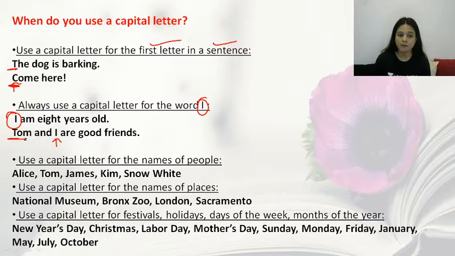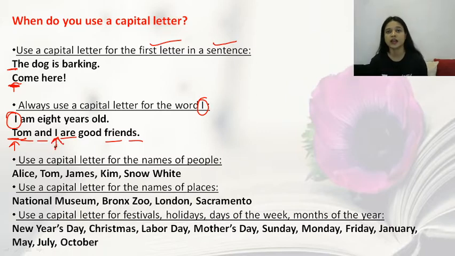So, Tom is capital. Why? Because Tom is the first letter of the first word of this sentence. And I is capital because you're indicating yourself. So every time you use the word I, it will be capital.